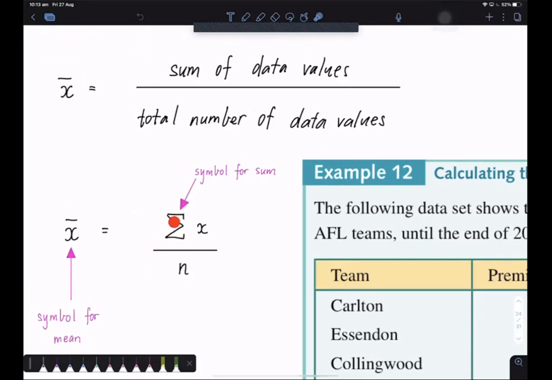This is the Greek letter sigma, and what it stands for is the sum. Back then we would have done plus, plus, plus. That's the baby step version. We need to evolve a bit more, so they've introduced this sum symbol.